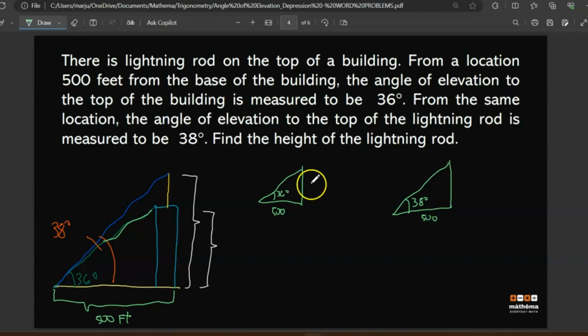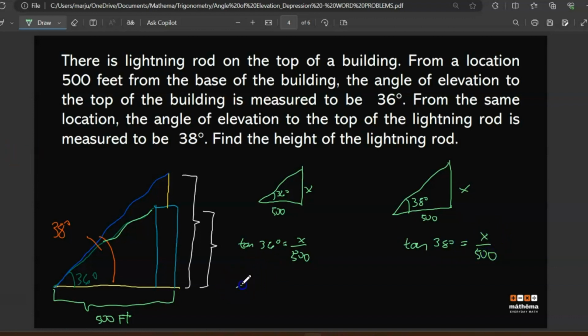So again, to solve for this and that, we are going to make use of tangent. So we will get tangent 36 is equal to x over 500, and on the other side we have tangent 38 is equal to x over 500, and again solve for x.